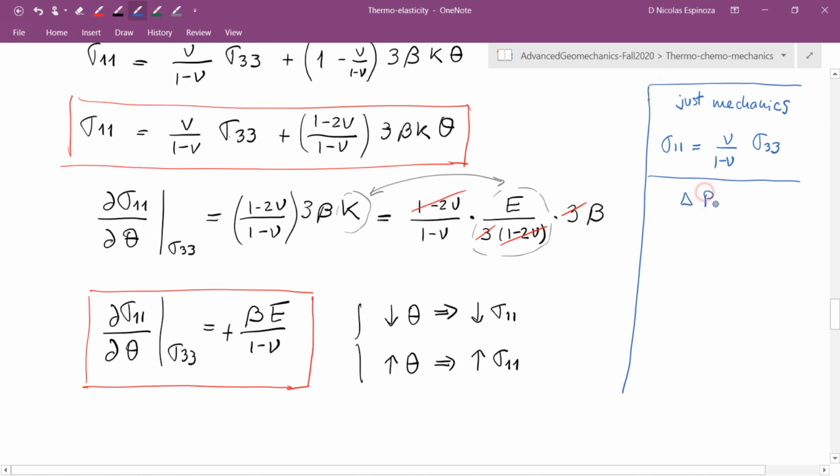If we have a change of pore pressure, we saw that with the theory of elasticity, we could predict what that change of horizontal stress would be as a function of the change in pore pressure, and this one will be equal to alpha. Let me actually be a little more precise. In this case, we were calculating the total stress. This was a function of the Biot coefficient and also a function of the Poisson ratio.